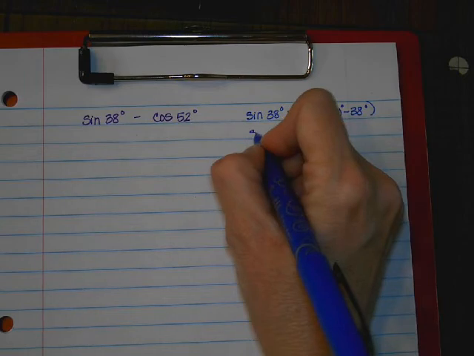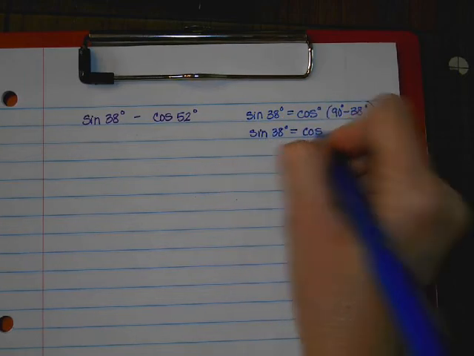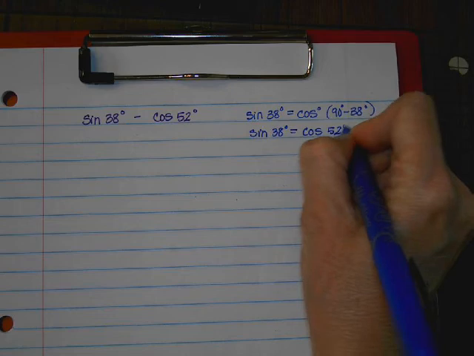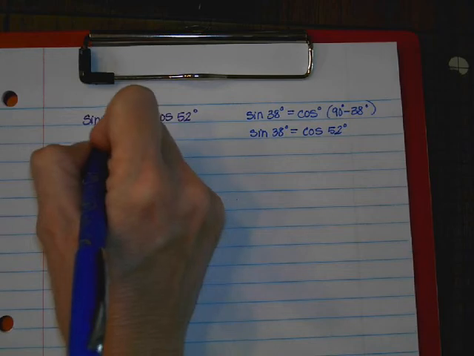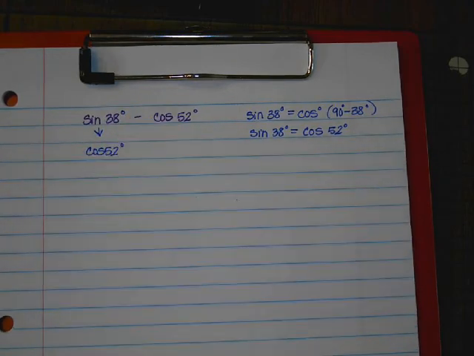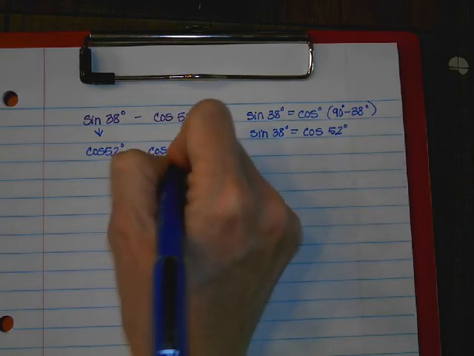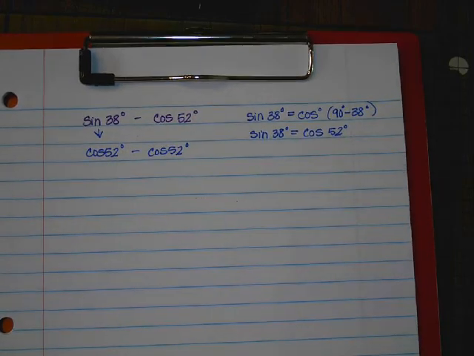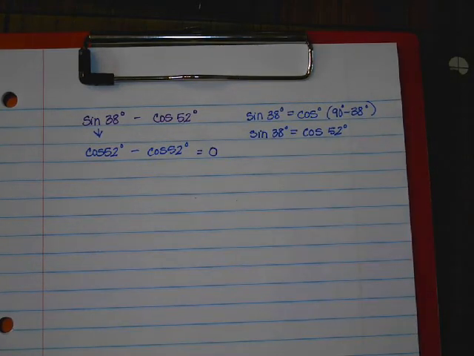So this means that the sine of 38 degrees is the same thing as the cosine of 52 degrees, because 38 plus 52 is equal to 90. So I can rewrite this through substitution and say that's the same as the cosine of 52 degrees. And then if I minus the cosine of 52 degrees, what's the cosine of 52 minus the cosine of 52? That's right, it's equal to 0. Anything minus itself is equal to 0.